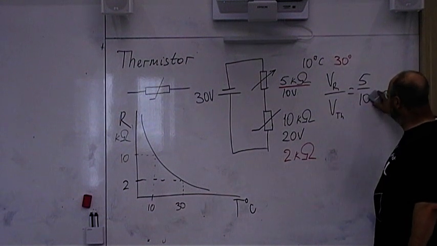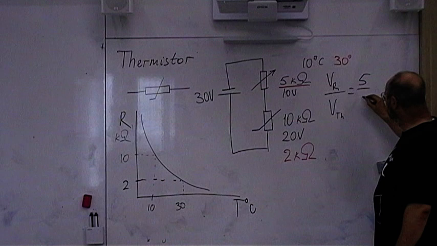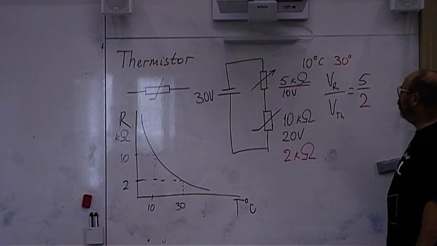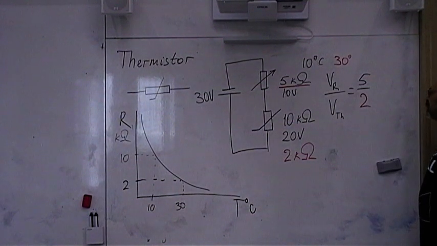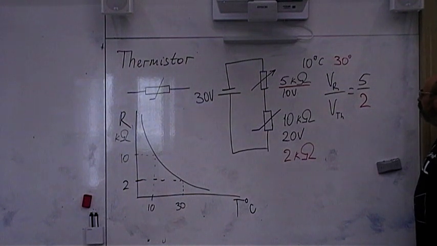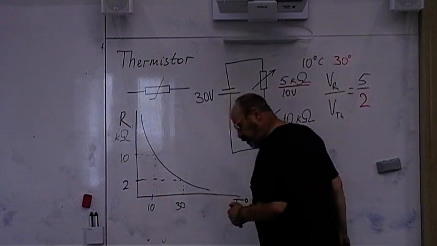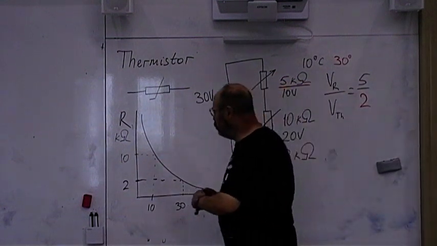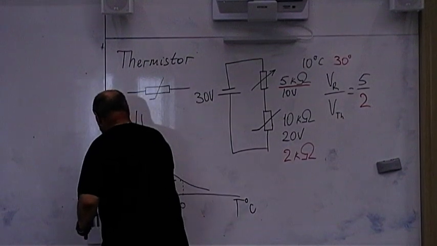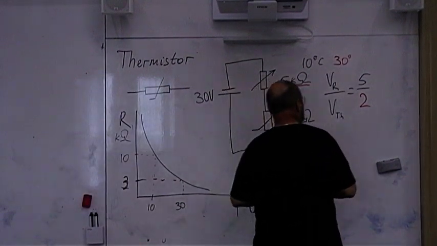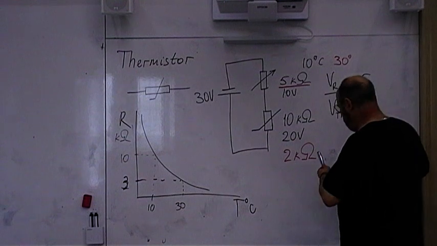So we'll have 5 to 2. So how will the voltage be divided? Now this is probably not the best numbers. Instead of 2, I will make it 3 to make the ratio easier. So if it's 3, we have 5 to 3.